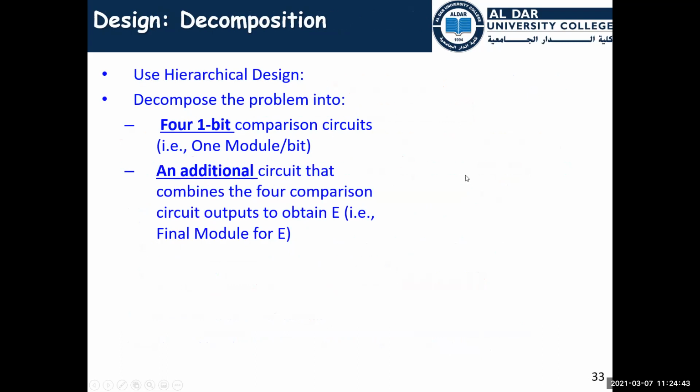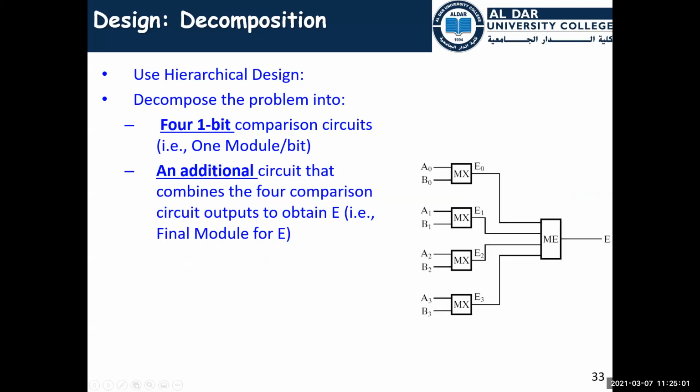And another circuit at the end, we have 4-bit comparisons, and then another circuit to take the output of the 4-bit comparison to make a final decision about the variables. It's like that. This is 2-bit comparison comparator, and this is 2-bit comparator, and this is also 2-bit, and so on. This is the same logic.